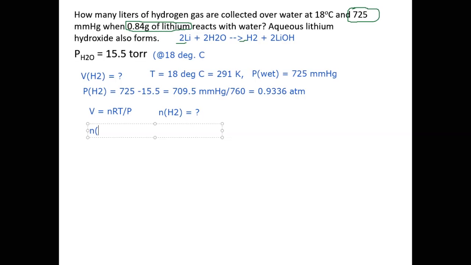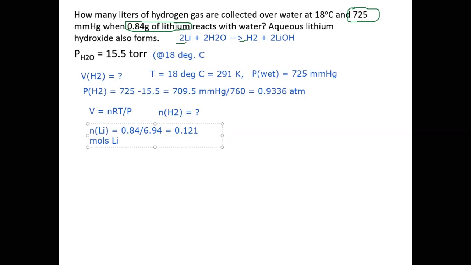So what we can do is take the mass of lithium and convert it into moles of lithium, where moles equals mass divided by the molar mass. And this is the moles of lithium.